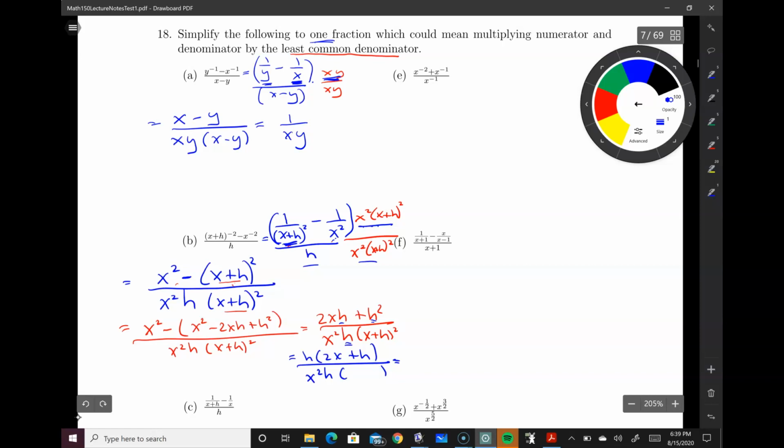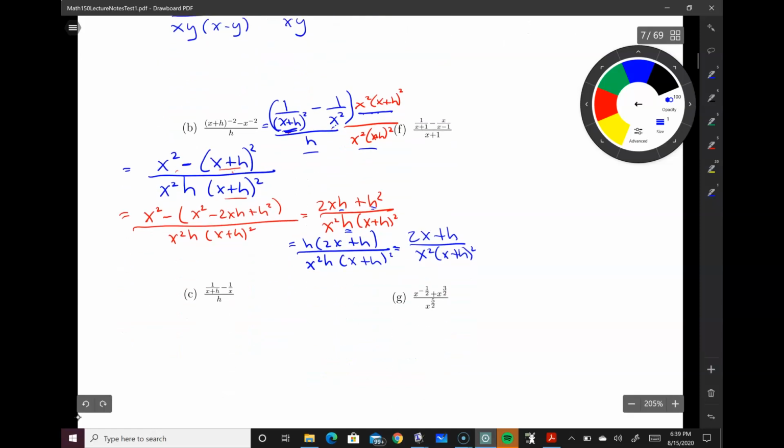I meant x plus h squared, right? Carrying that along. Then I can cancel the h's, so I finally get h times (2x plus h) over x squared times (x plus h) all squared. That's my final answer.